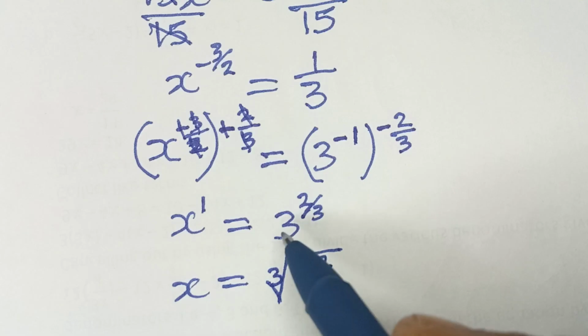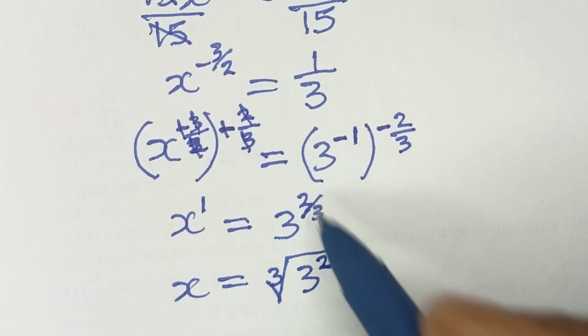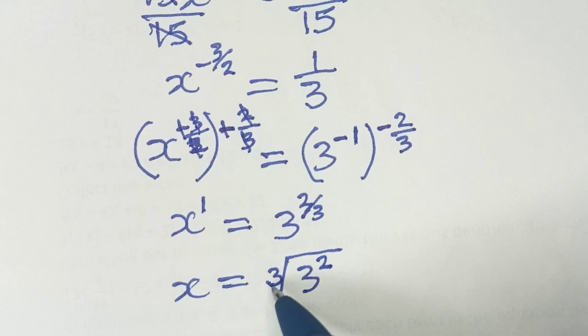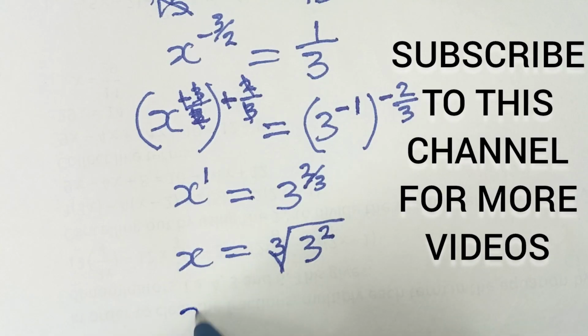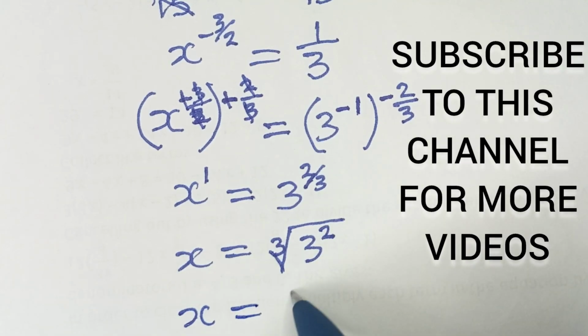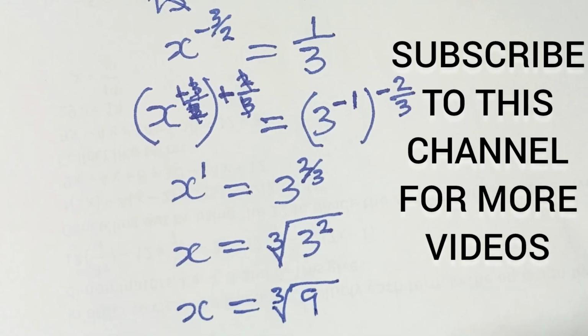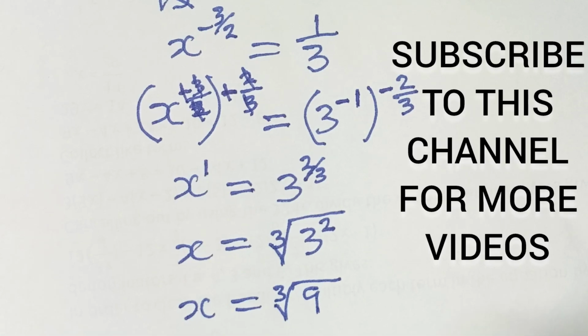So this value takes the numerator as its power, 2, and then it takes the denominator here as the root. So the third root of 3 squared is going to be our final answer. So we can simply express this as x is equal to the third root of 9. 3 squared is 9. And then we can leave this as our final answer.